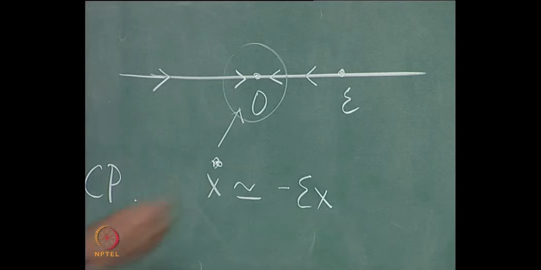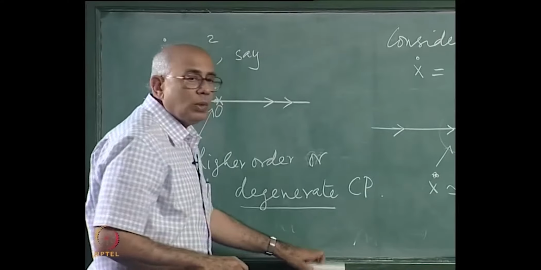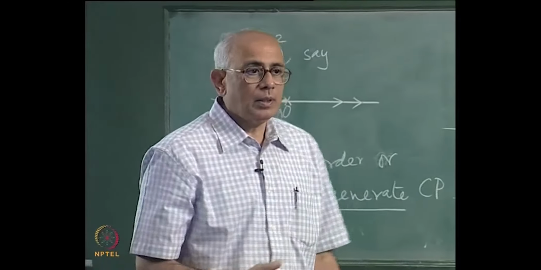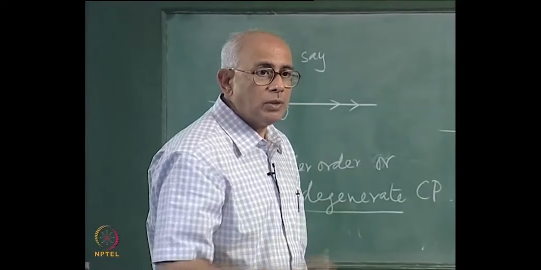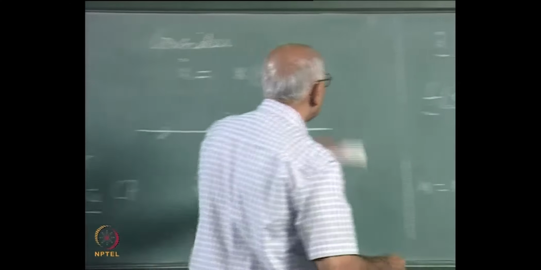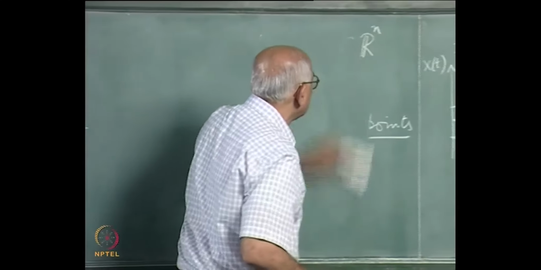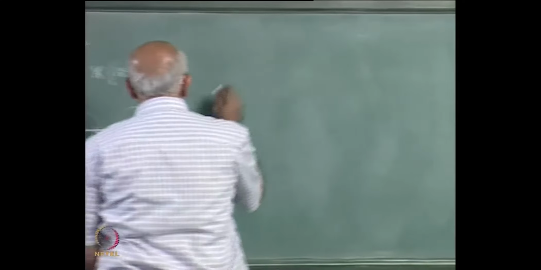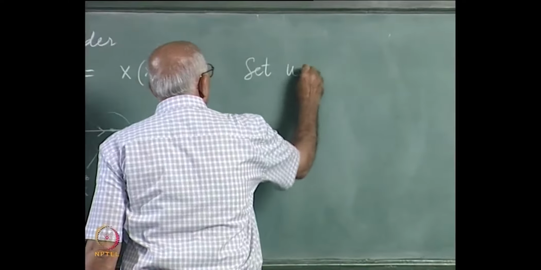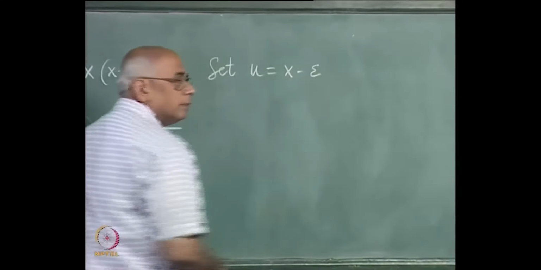What happens in a neighbourhood of x equal to epsilon? One would have to linearize the problem near x equal to epsilon, and that is going to be a big tool in our analysis of critical points. We would linearize the flow near this point by simply shifting to that point. So let us set u equal to x minus epsilon.